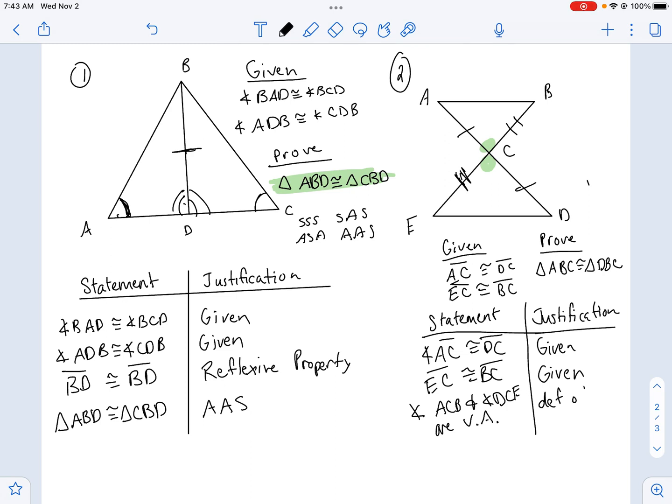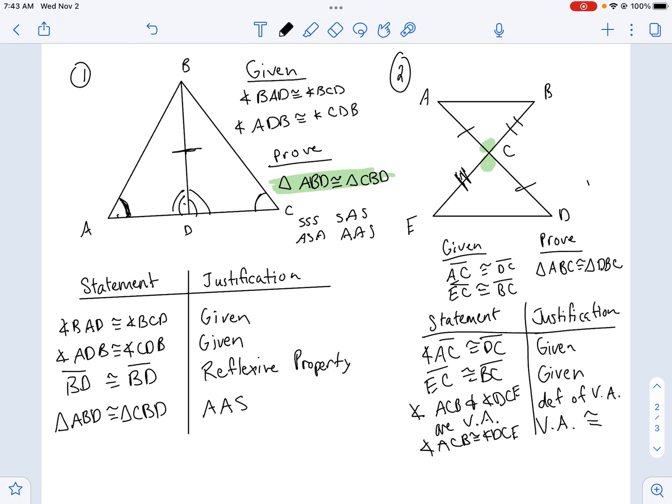Remember, whenever you're proving angles, two steps. Now that means these are congruent because vertical angles are congruent.